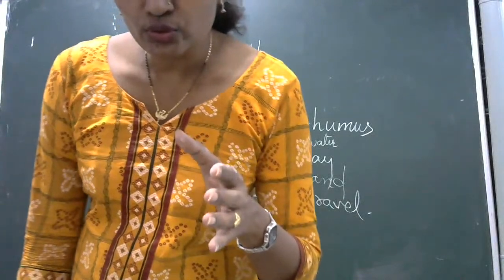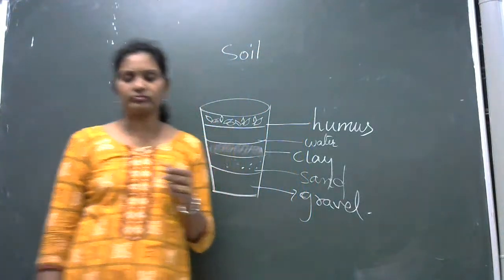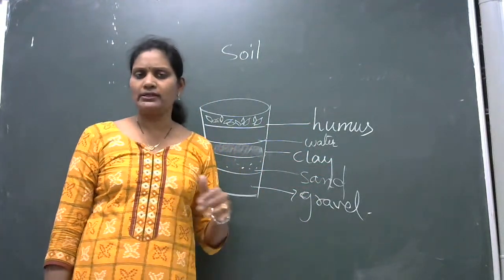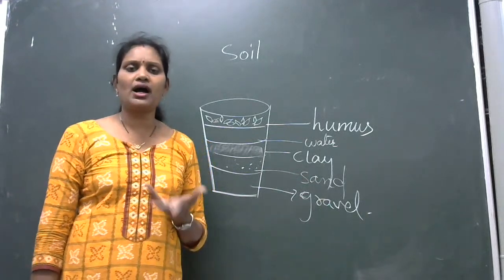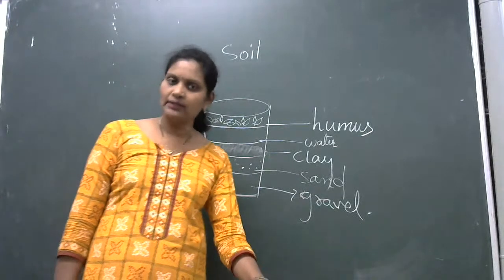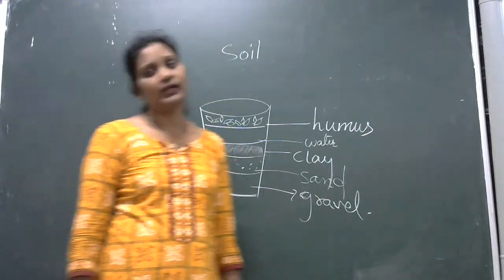In humus only there is dead matter, no rocks. Yes, Garima. Humus is the topmost soil. So in the topmost soil, where are the rocks? Rocks are not there. Rocks are at the last layer of the soil. Understood?